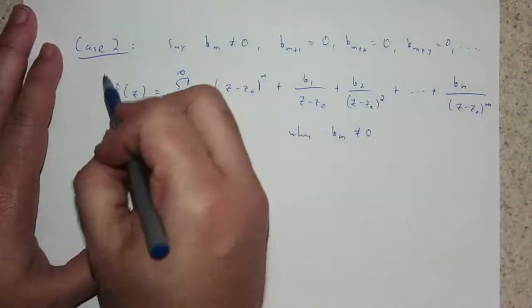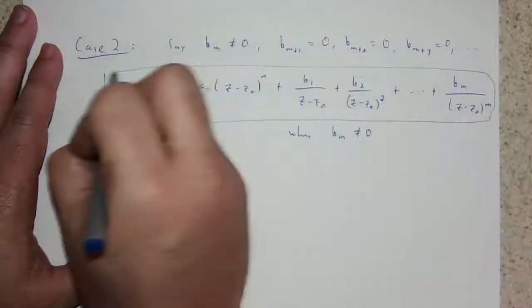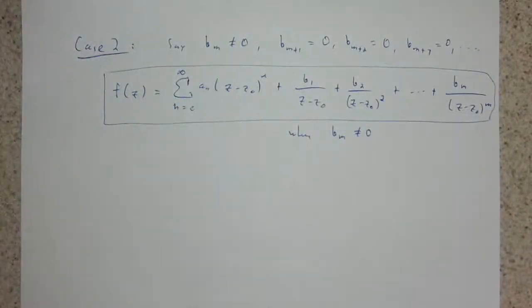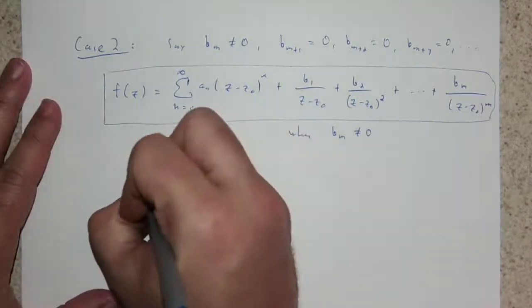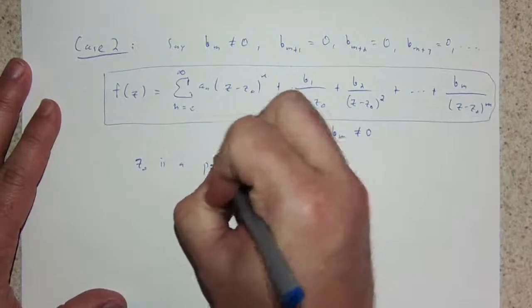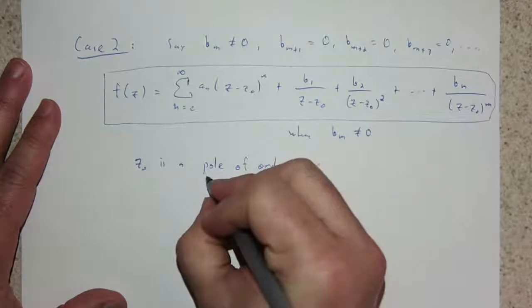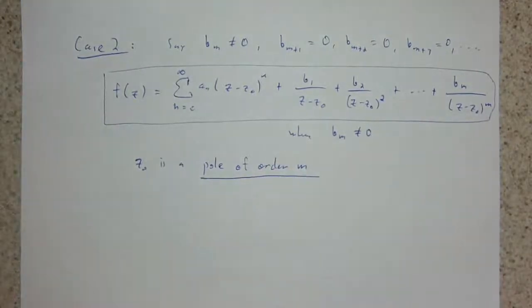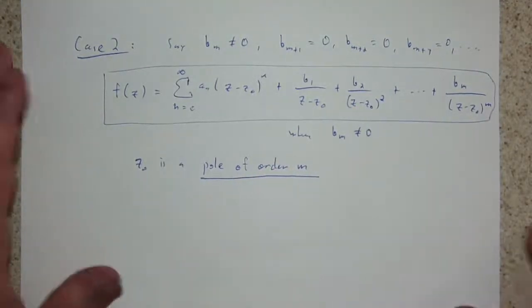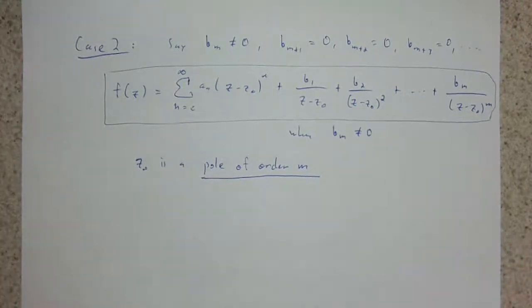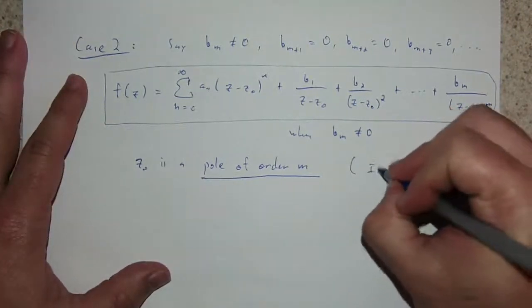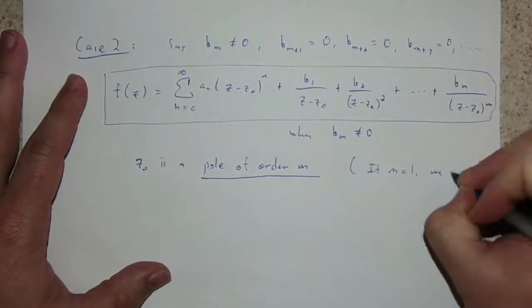Okay, but if we're in this case, and m is the largest index such that b sub m is non-zero, we say that this z0 is a pole of order m. A pole, if m equals 1, we say it's a simple pole.